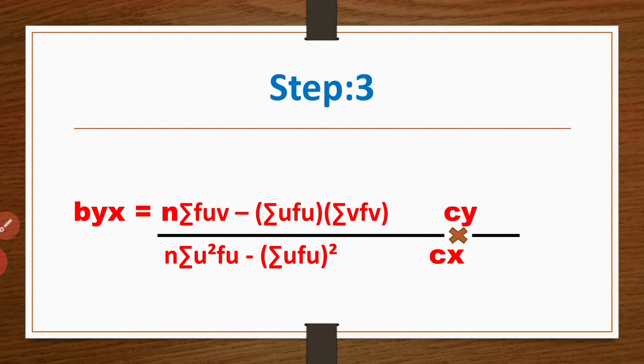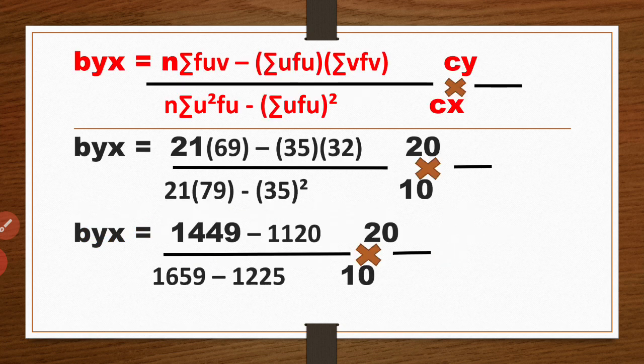First of all, the byx formula is n sigma fuv minus sigma ufu sigma vfv upon n sigma u square fu minus sigma ufu whole square, into cy upon cx. Put the values.